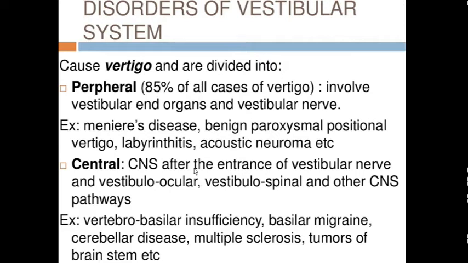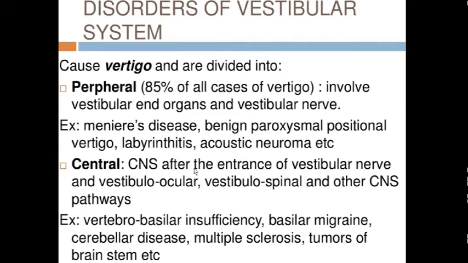So in short, what does all this mean? It means any patient with a balance disorder, you have to think of 2 things. The cause can be in the peripheral vestibular system or the central system of balance. That's it. So you have to find out what is the cause of imbalance in this patient.